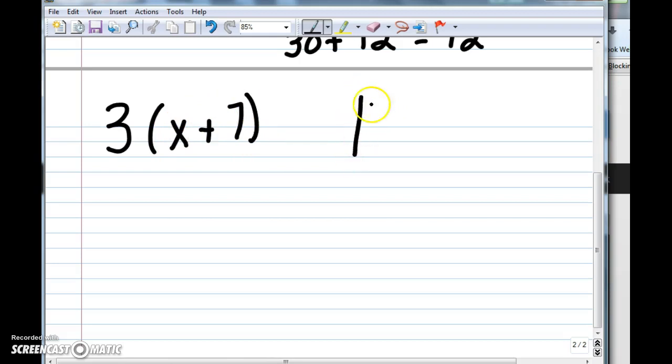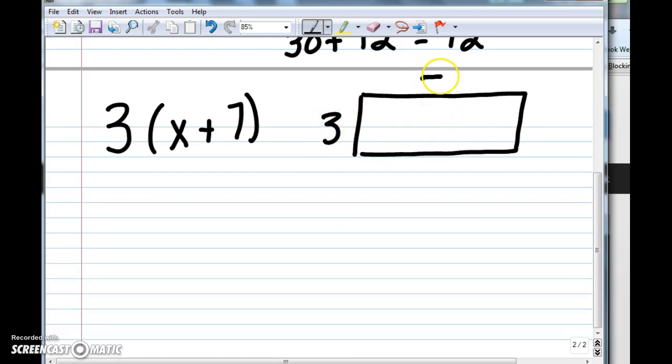If we wanted to look at that, that would be a rectangle that was 3 wide, x long, we're not sure what x is, and then it'd be another 7.